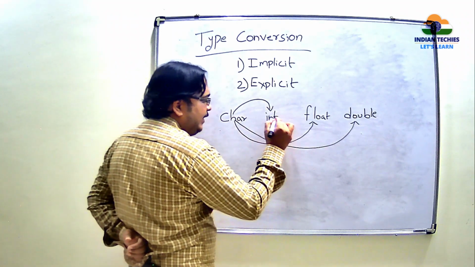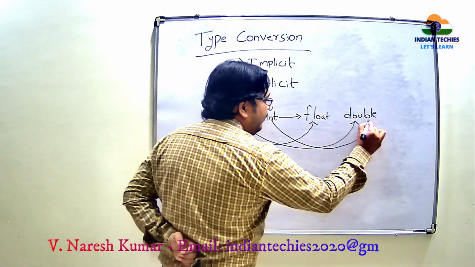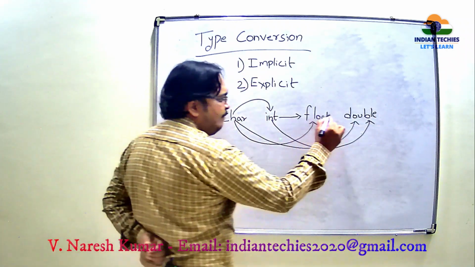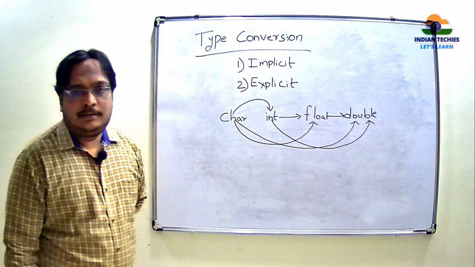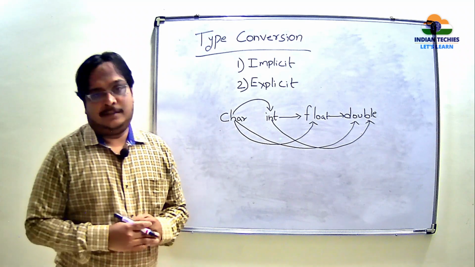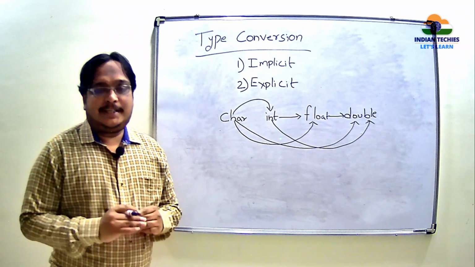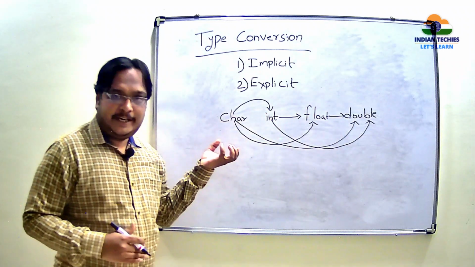An integer data type can be converted into float, or into double. A float also can be converted into double. But the reverse is not possible in implicit conversion. It means the compiler does not by default convert a bigger data type to a smaller data type.